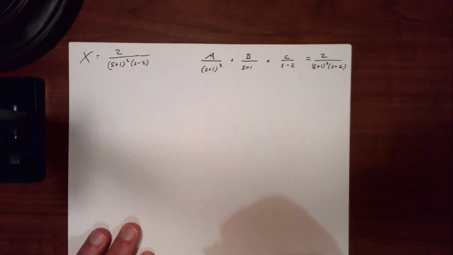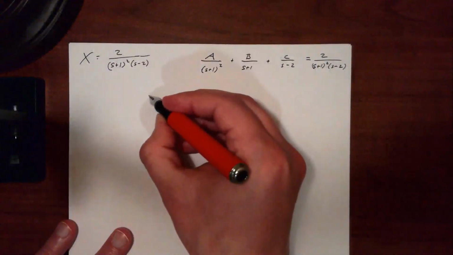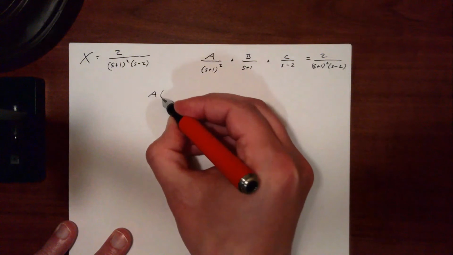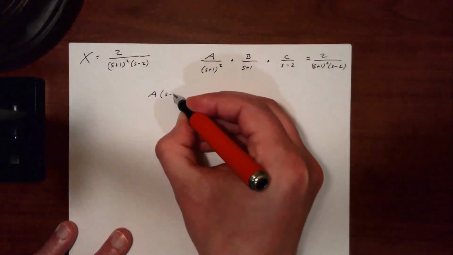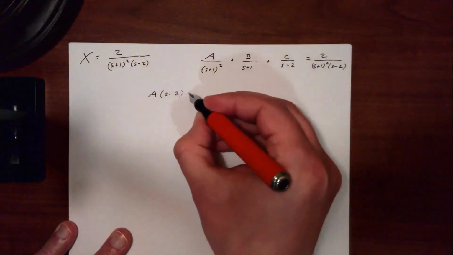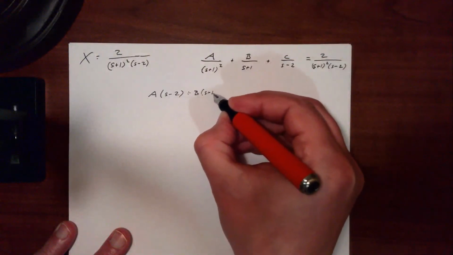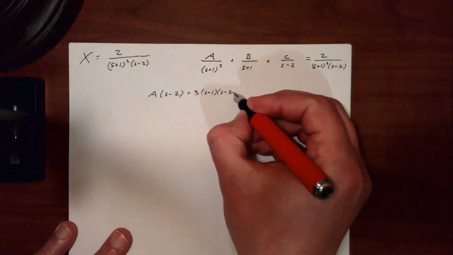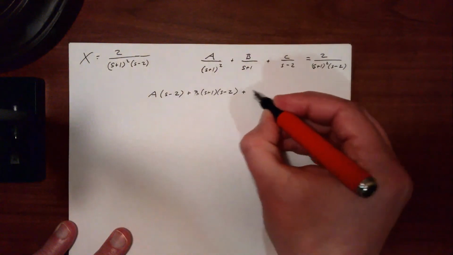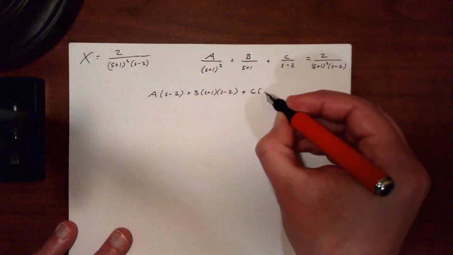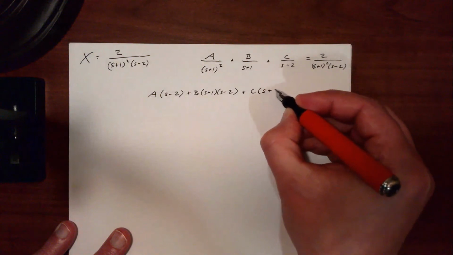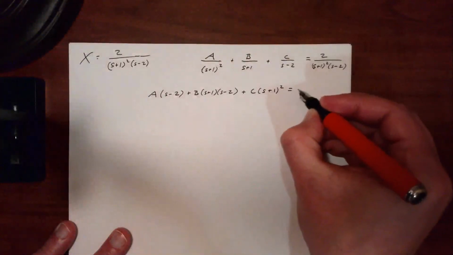All right, well, what's that going to mean? That's going to mean a times s minus 2 plus b times s plus 1 times s minus 2 plus c times s plus 1 squared just equals 2.